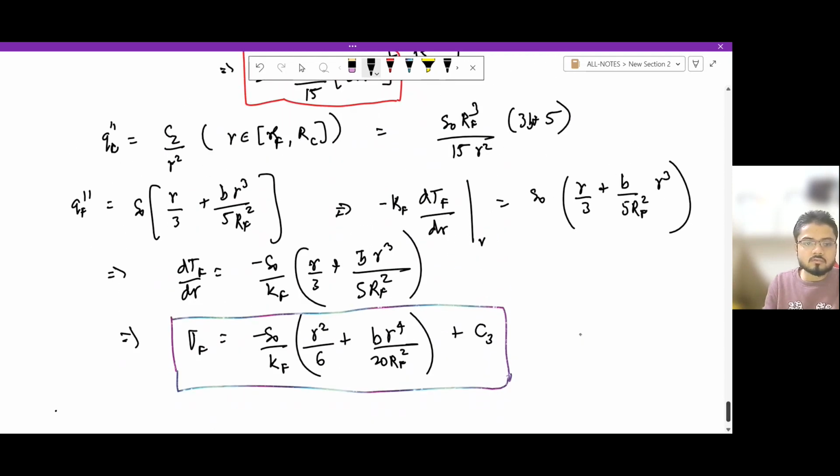Yes, so we could always write KC dTC over dR would be equal to S naught times RF cubed over R squared, and you insert that 15 inside, 1 by 3 plus B by 5.